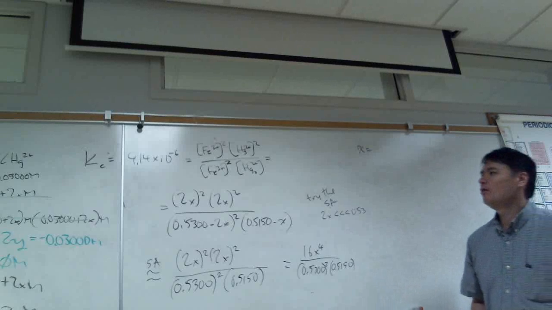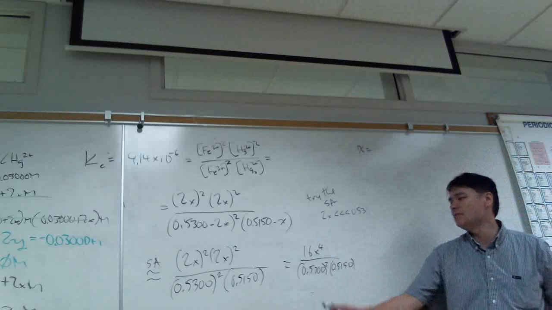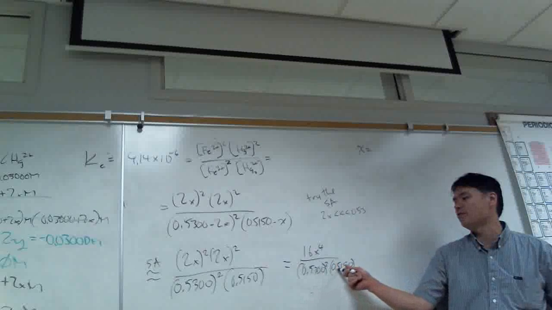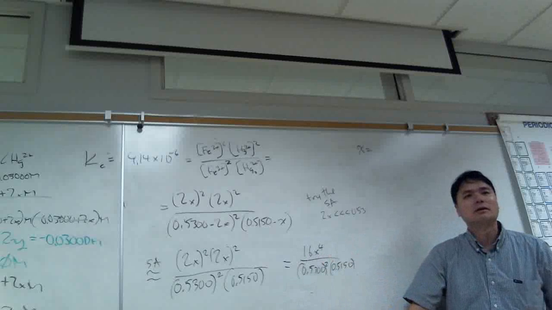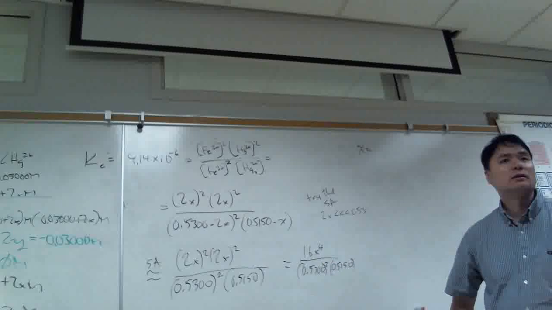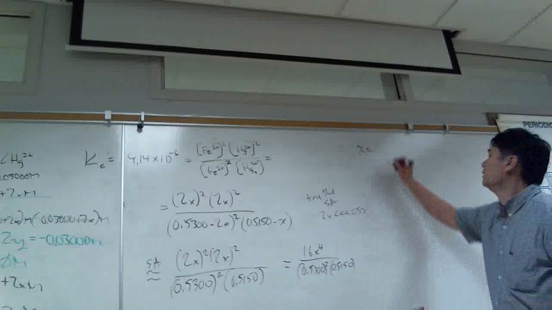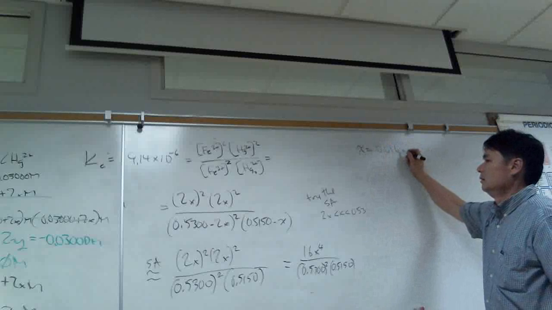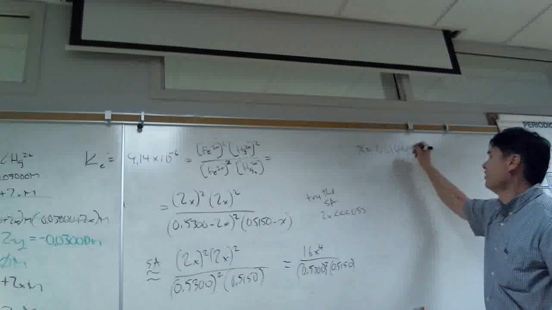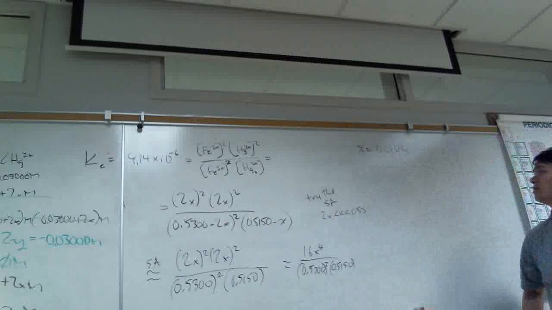So it would be 9.14 times 10 to the minus 6 times 0.53 squared times 0.515 divided by 16, square root, square root. 0.01695. We're allowed 3 sig figs, so we'll go 0.01695.